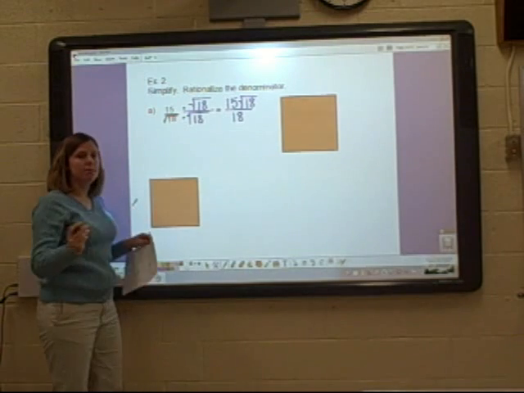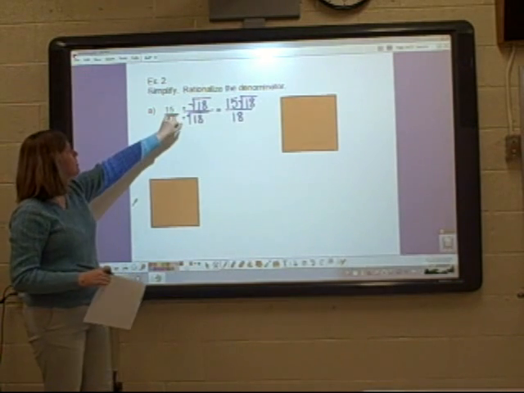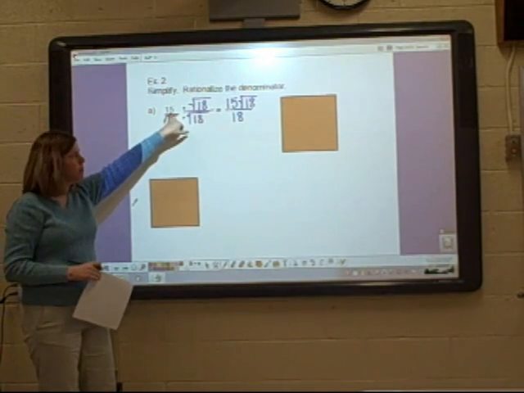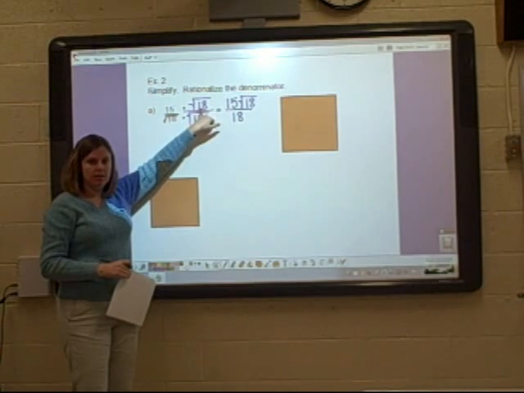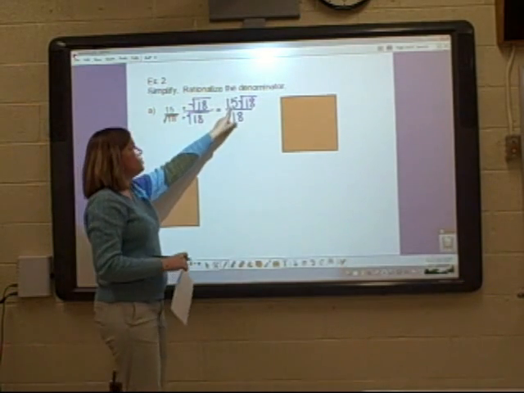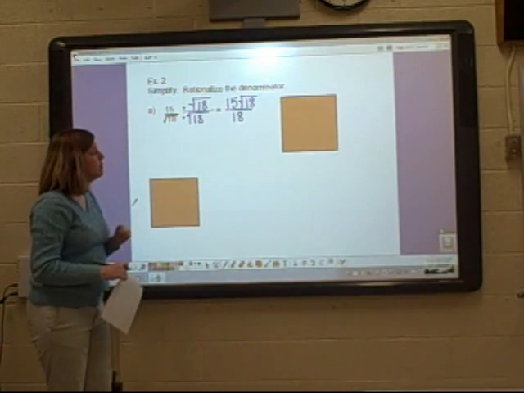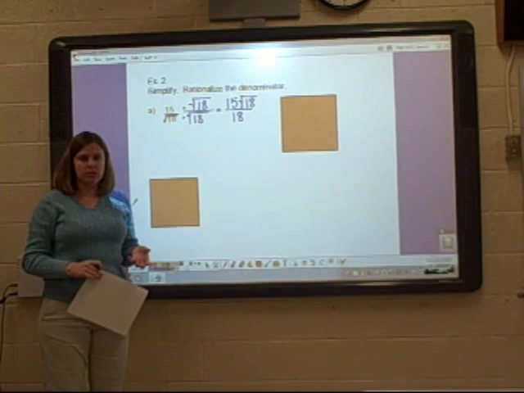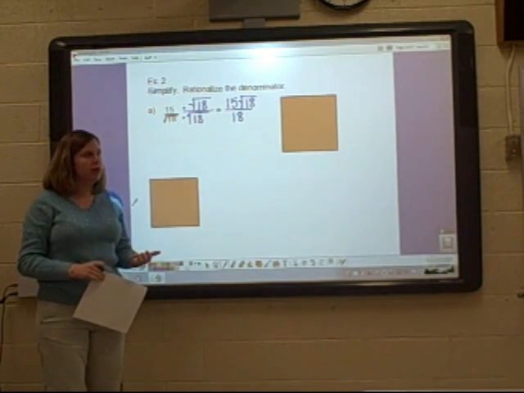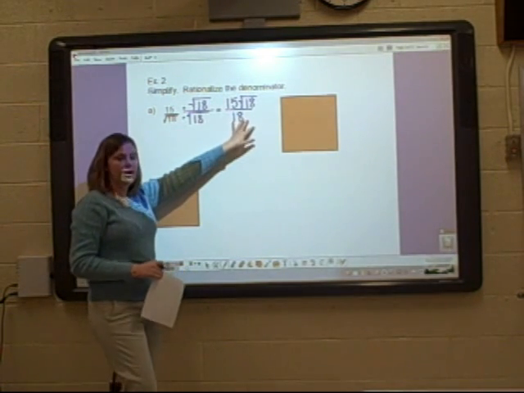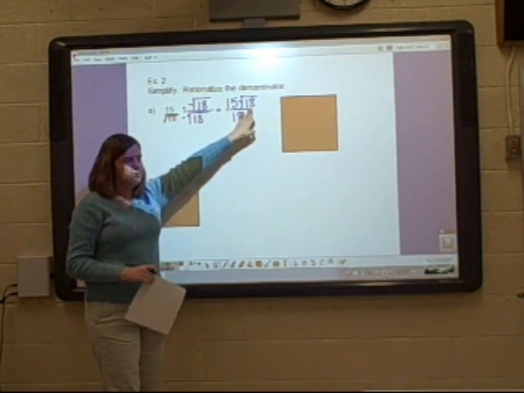Notice that I can't combine that into one square root because the 15 does not have a square root sign, but the 18 does. So when I multiply them, it just becomes 15 root 18. Now we want to make sure that our answer is reduced all the way or simplified all the way, and this is not because 18 can be simplified.